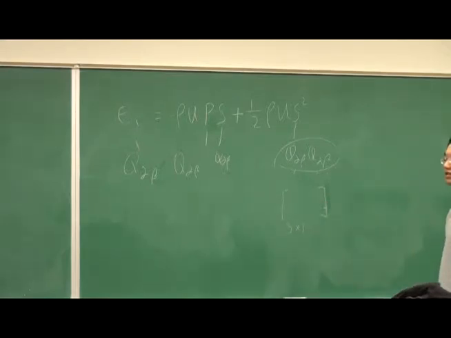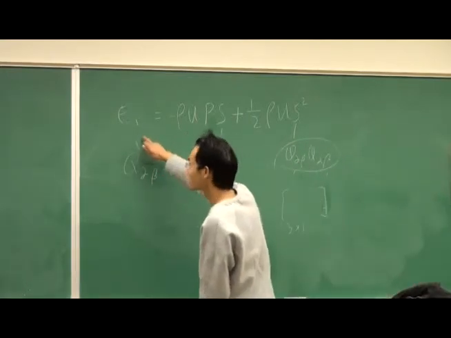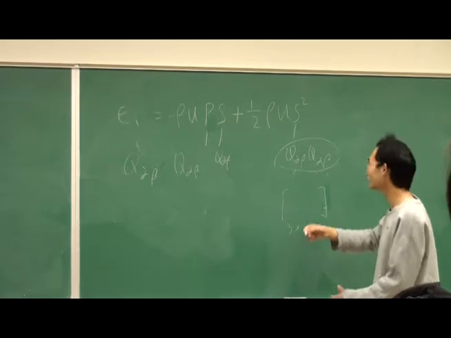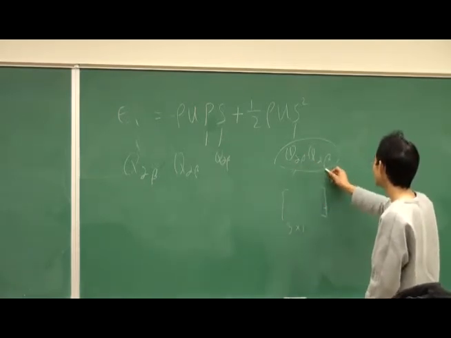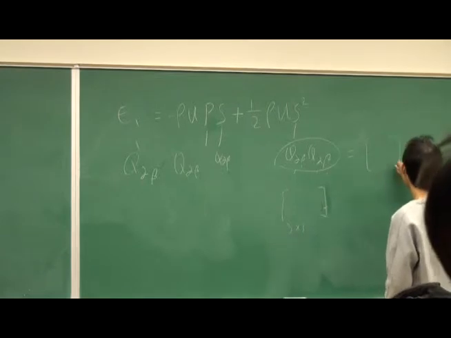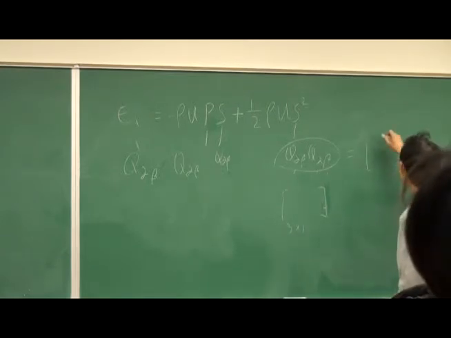I don't know. We have to ask them. I mean, this energy is a scalar. When we calculate it, do we need to, if this is the matrix, do we need to just calculate this one?